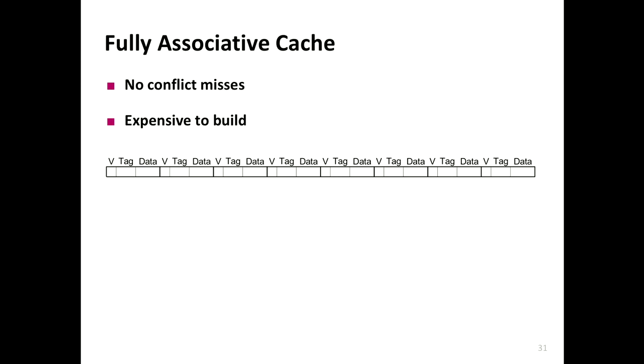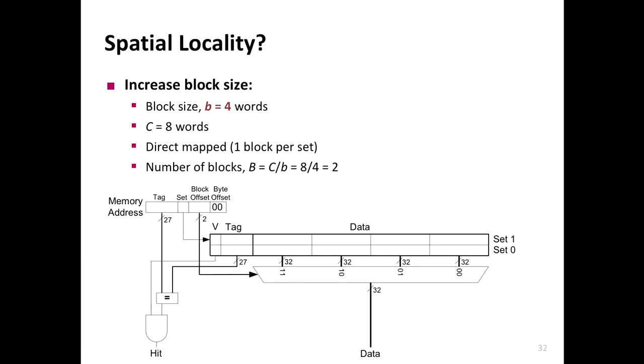Good. So how do we actually handle spatial locality? In terms of spatial locality, we always saw block size 1. Now, what is spatial locality?